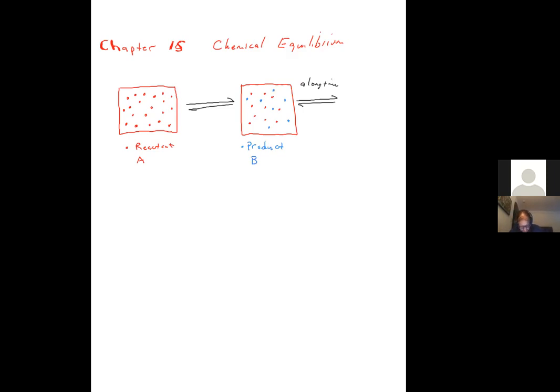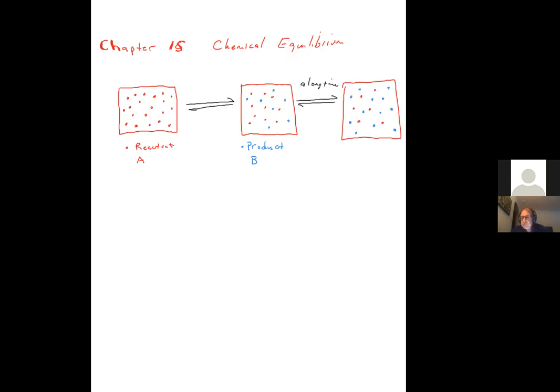Let's say after that long period of time, we've got that many A left, and this many B. So it looks like at the end we have more B than we have A, right? It looks like there's more of those.